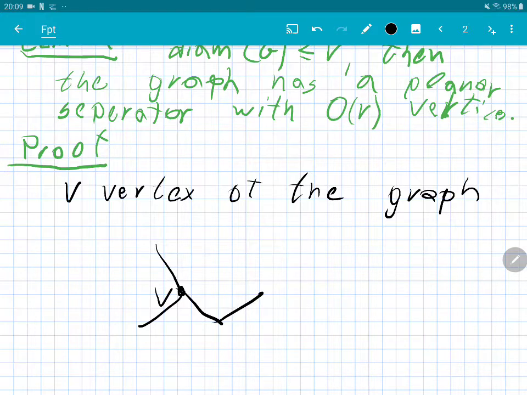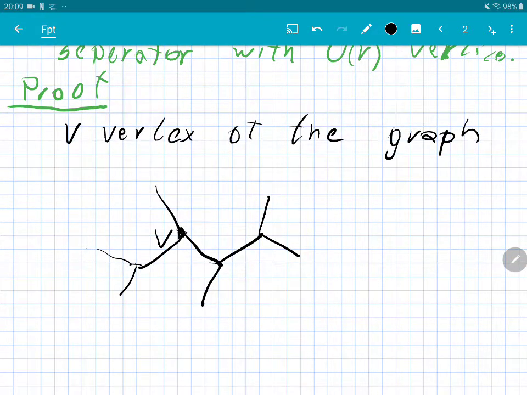The graph is drawn on the plane and you just draw the edges that belong to the tree. So you get the BFS tree, rooted at this node V. An important thing is that the length of every path from V to any vertex in the graph is at most R, because the diameter of the graph is at most R.